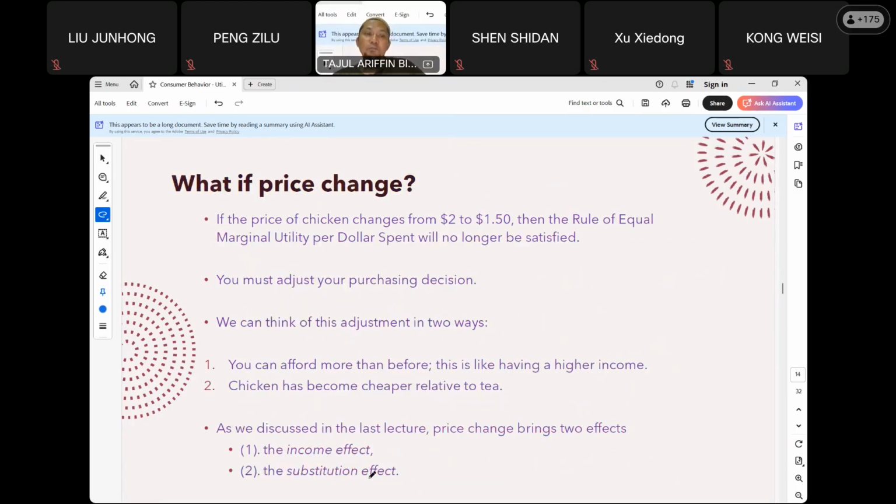Now, what happens if the price changes? Let's say the price of chicken changes from $2 to 1.5, a drop. As we discussed last week, two effects will start to play a role, which are income and substitution.